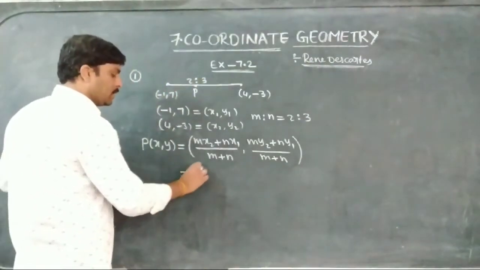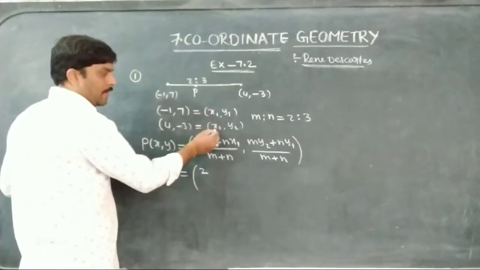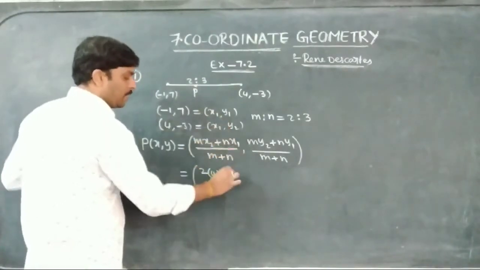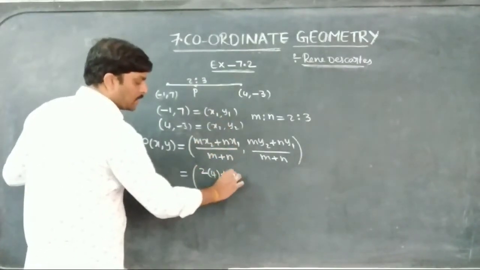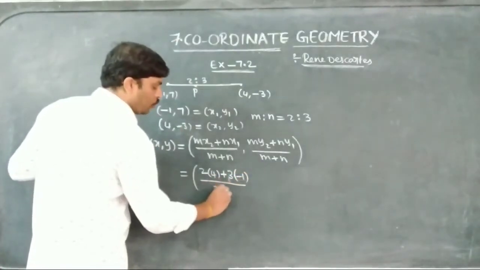Now m is 2 and n value is 3. So mx2 plus nx1, that is 3 into x1, which is -1, by 2 plus 3.